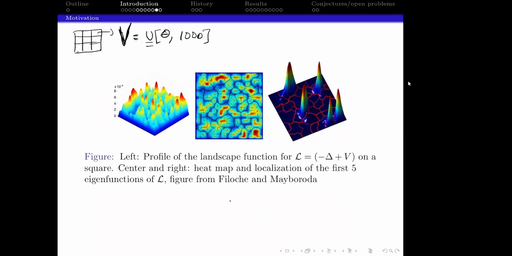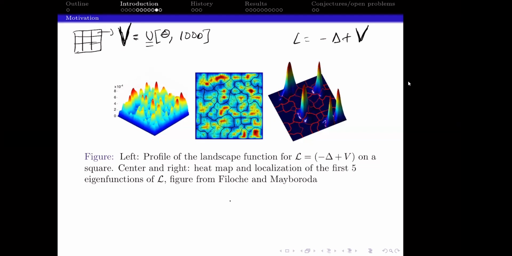Capital V is the potential. Sorry that I'm not explaining this very clearly. We have this operator L equal to minus delta plus V, and suppose you choose V to be a random potential by dividing into subsquares.